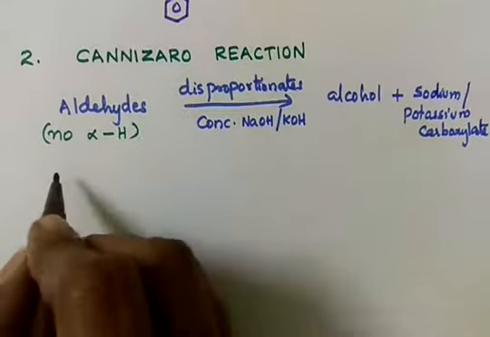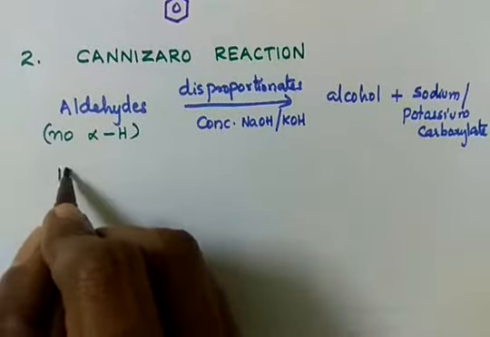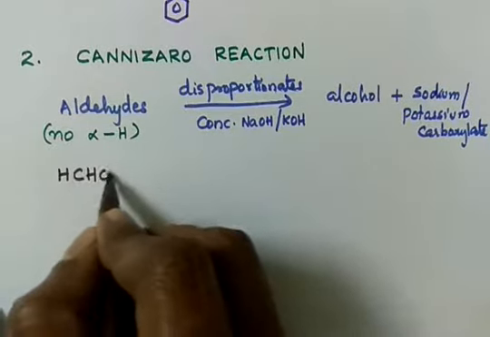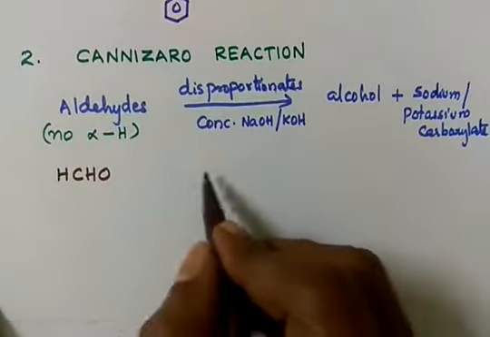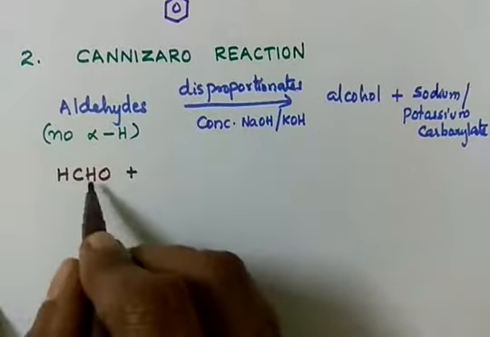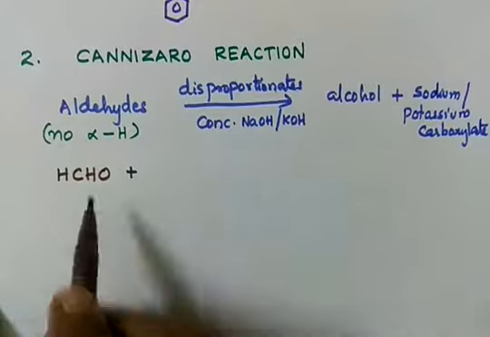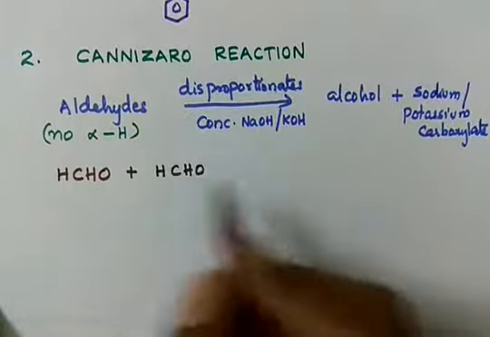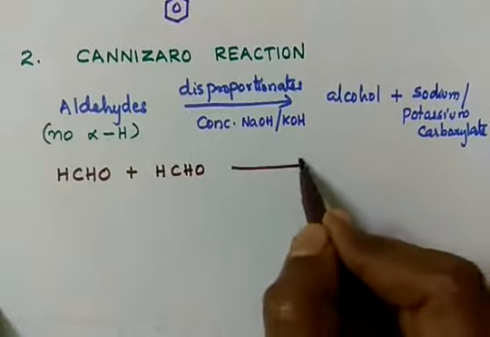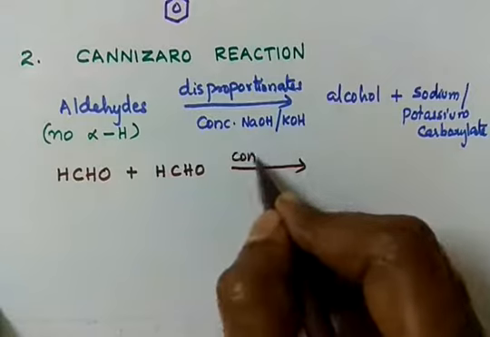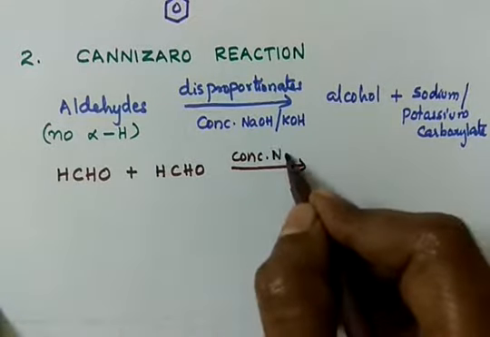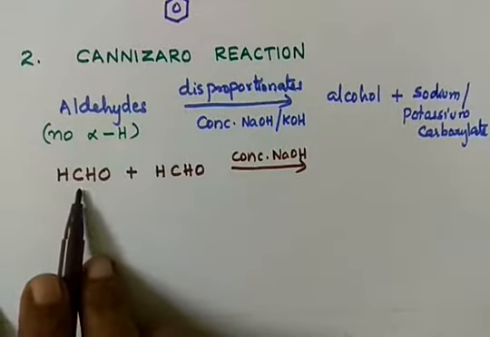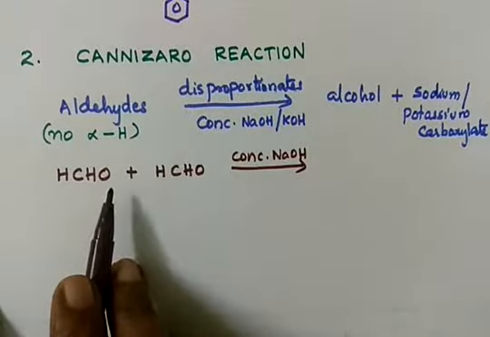Okay, for example, formaldehyde. Aldehydes without alpha hydrogen, example is formaldehyde, HCHO. Formaldehyde disproportionates, so 2 moles, one undergoes oxidation and another undergoes reduction. So here 2 molecules are needed, so 2 HCHO in presence of concentrated NaOH or KOH. Then 1 molecule of HCHO undergoes reduction.